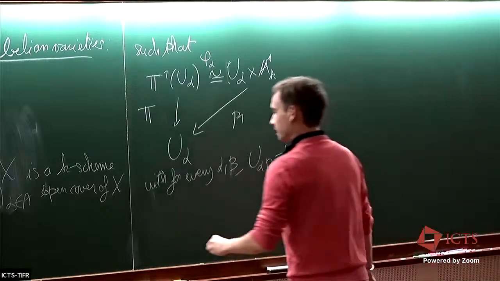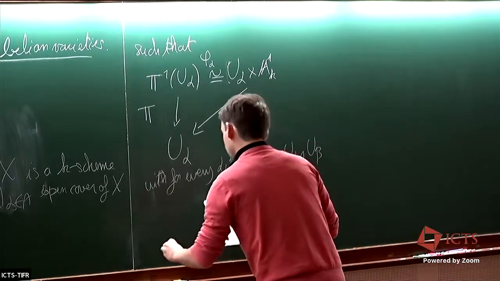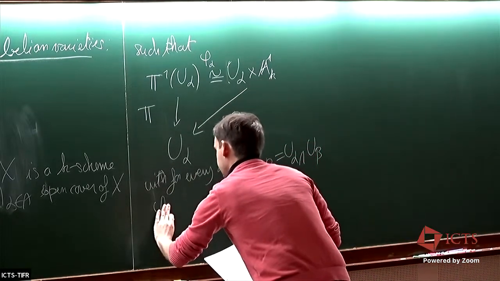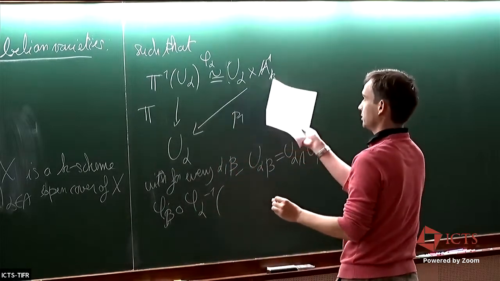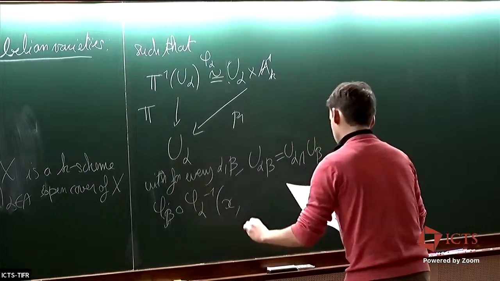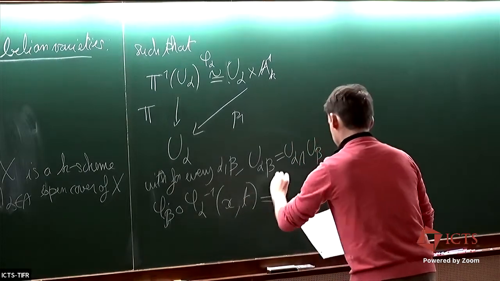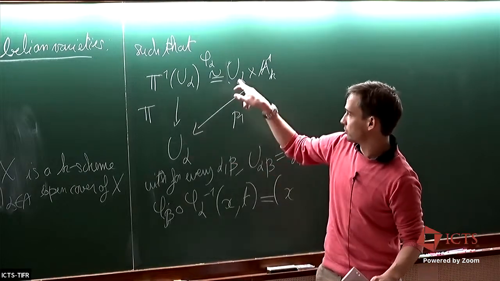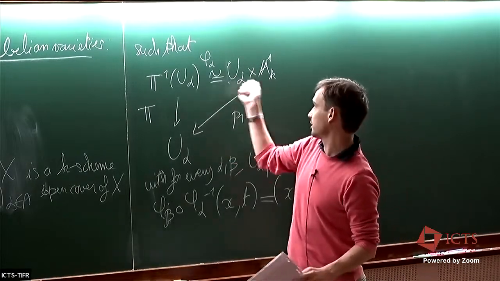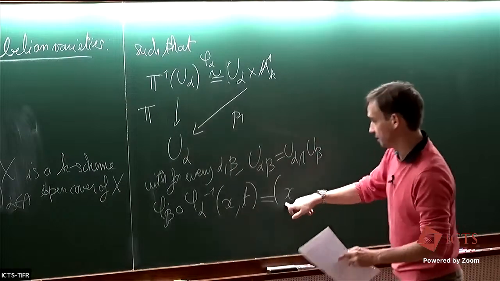Well, how to do it is that the formula is phi_beta composed with phi_alpha^{-1} of (x, t) should be... So this has to be x before, because this doesn't change the first coordinate. It just goes from (x, t) to x.